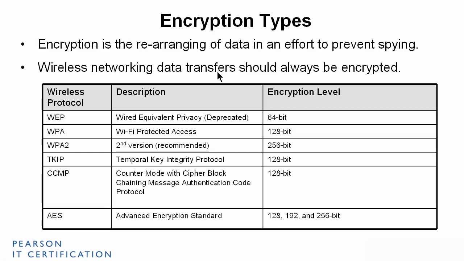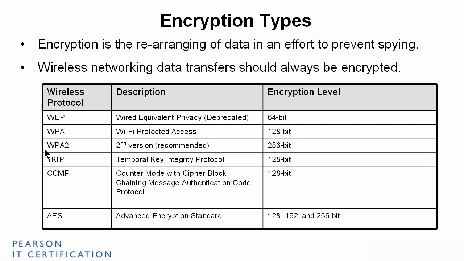You will see the option on most SOHO routers and wireless access points, just so you have backward compatibility if you have nothing else that you can run on a client. But really, it should be avoided. The next one is WPA, which is secure. That's Wi-Fi Protected Access, and this runs at 128-bit encryption level.